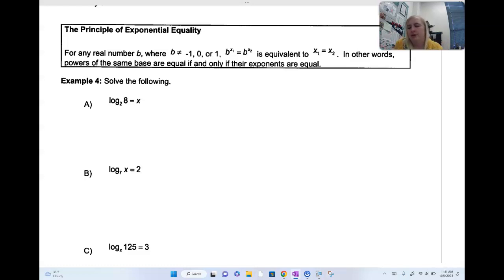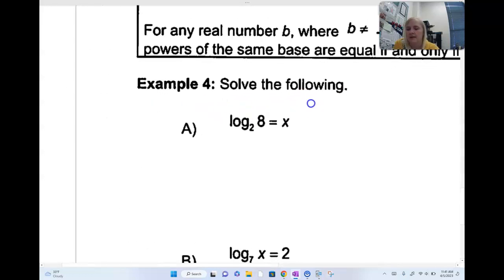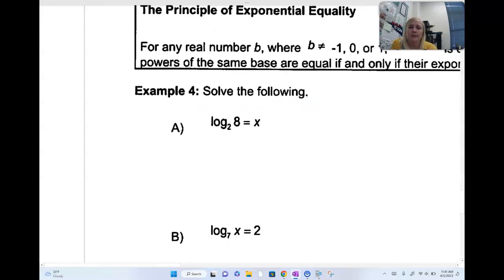Basically, in more simple terms, if your bases are the same, your exponents are going to be equal to each other. So you can set them equal to each other and solve for your variable. So let's check it out. If you start out with a log, that means you need to change it to exponential form in order to see if your bases are going to be the same.